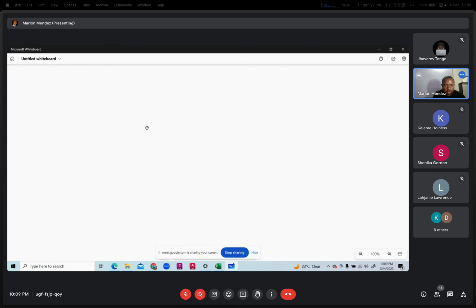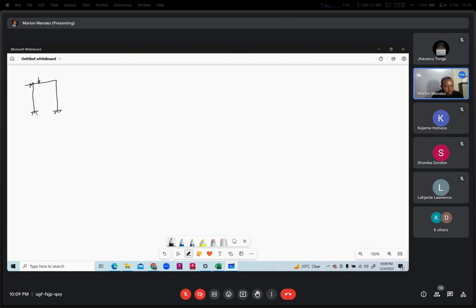So in a case like this, look at this. This is a frame. In this case, the load is right here.